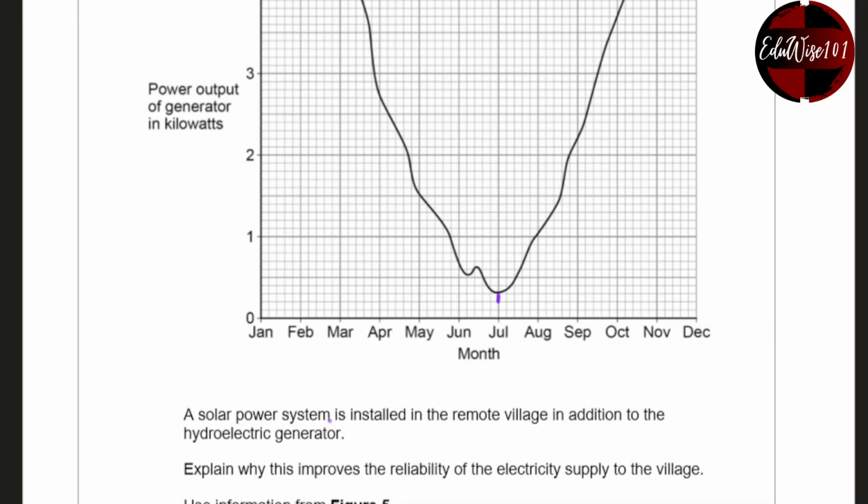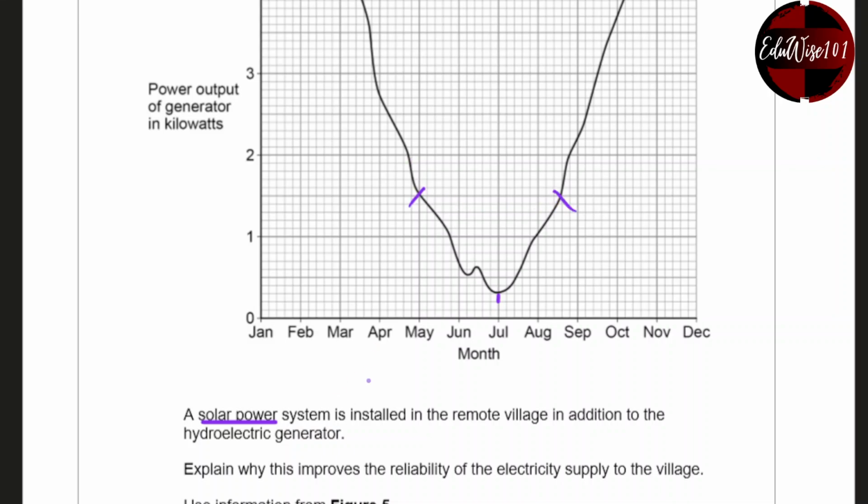A solar power system is installed in the remote village in addition to the hydroelectric generator. Explain why this improves the reliability of the electricity supply to the village. Now, installing a solar power system means that they can produce electricity during the summer months.